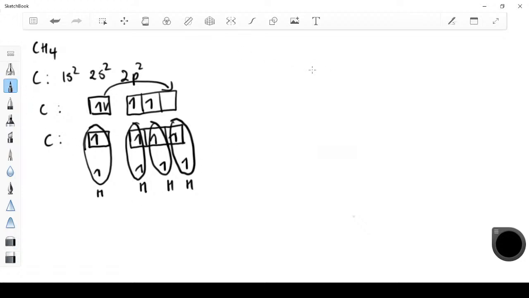Now let's see the p orbitals, 2p: directional behavior plus comparatively high energy.